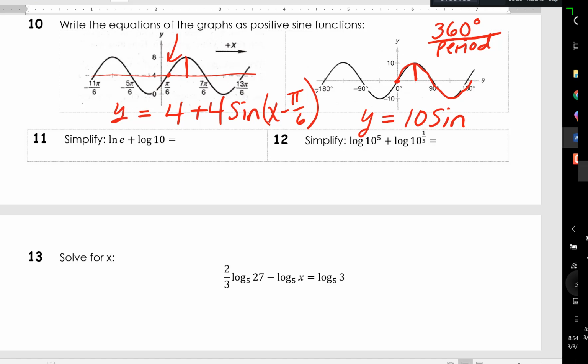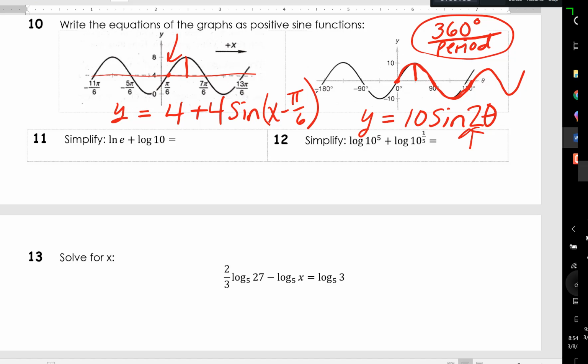All right, so 360 over 180 is 2, so it's going to be 2 theta for the argument of sine. So think about it. If you were to keep drawing this function all the way till you get to 360, it would complete 2 cycles at that point. So that's why that is 2 right there.